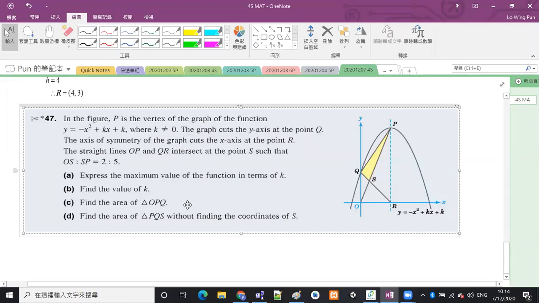The graph cuts the y-axis at the point Q. The axis of symmetry of the graph cuts the x-axis at the point R. The straight lines OP and QR intersect at the point S, such that the ratio of OS to SP is equal to 2 to 5. Part A, express the maximum value of the function in terms of k.